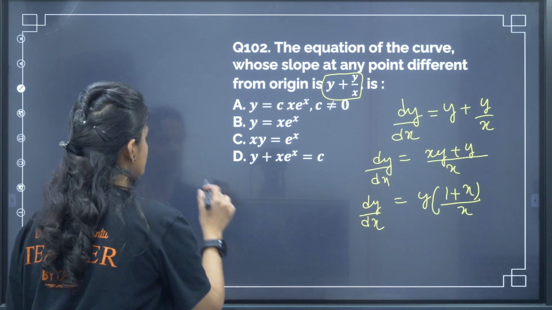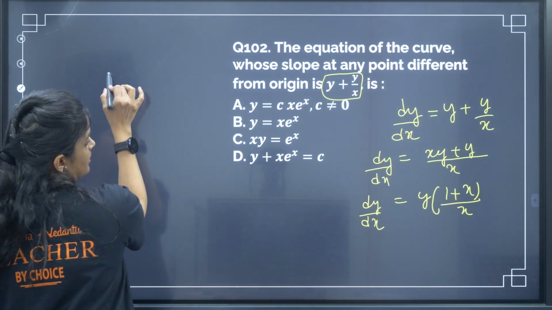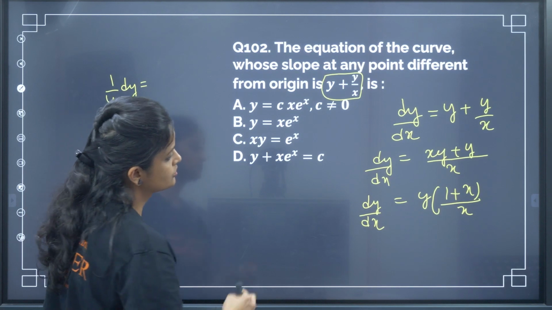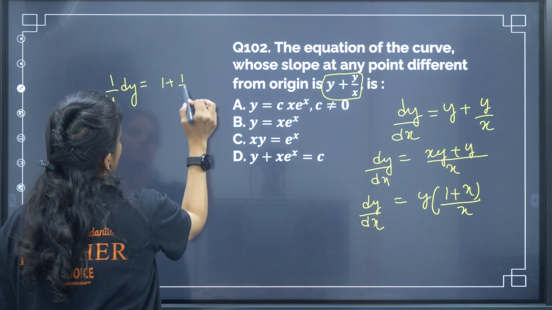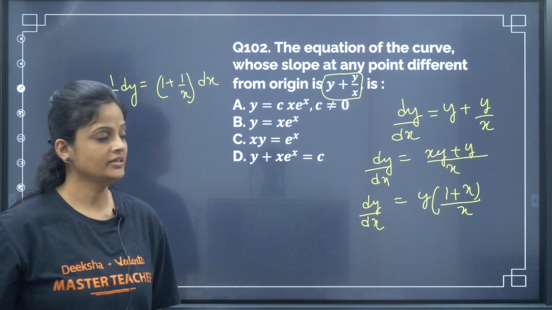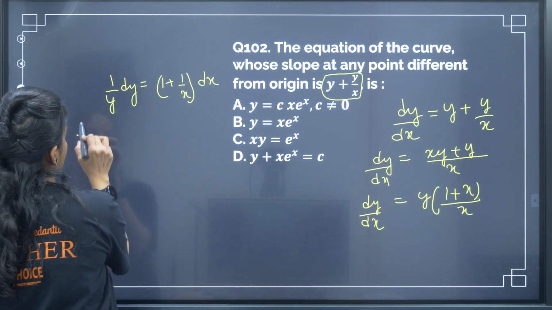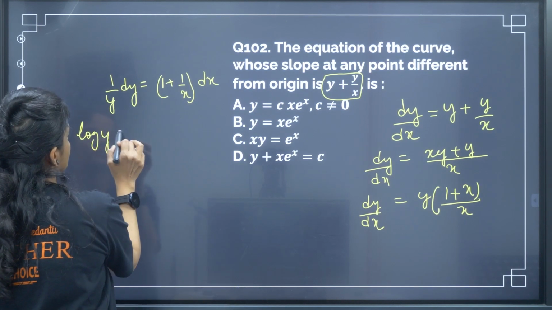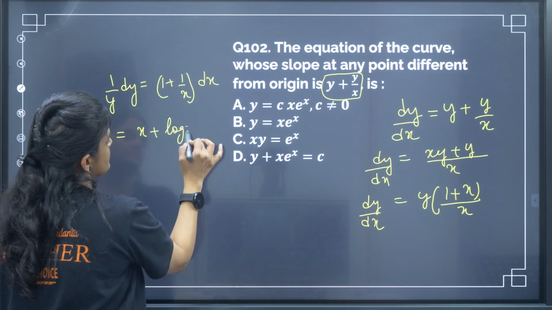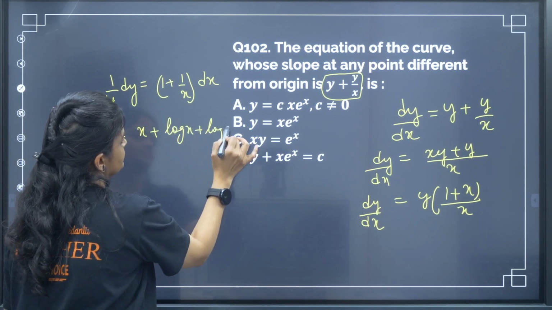Okay, now cross multiply and get it as 1 by y dy is equal to 1 plus 1 by x dx, right? Now integrate this. I have log y is equal to x plus log x plus log c.